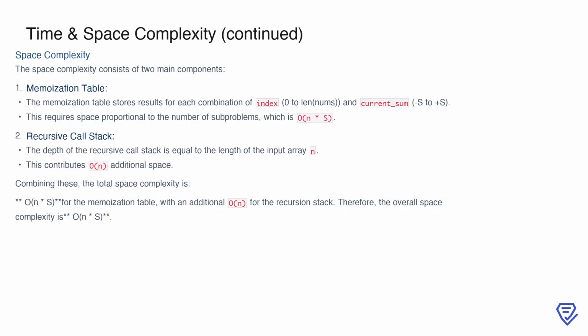The depth of recursion equals the length of the input array, n, so the recursion stack contributes an additional O(n) space. When we combine these 2 components, the overall space complexity is dominated by the memoization table, which is n * s, with the recursion stack adding a smaller n overhead. Thus, the total space complexity is O(n * s).